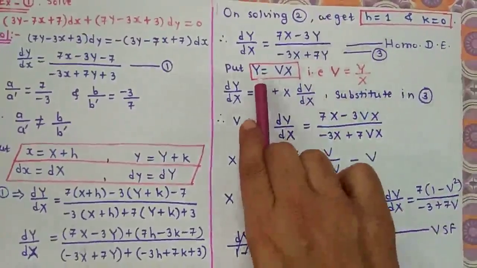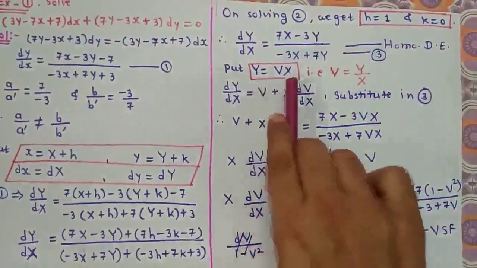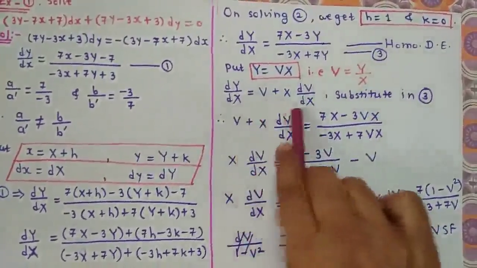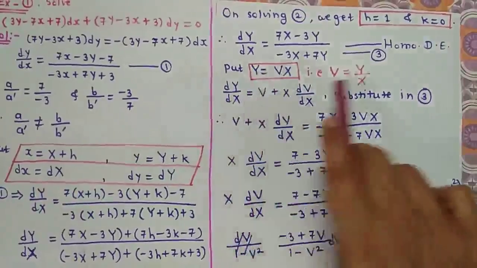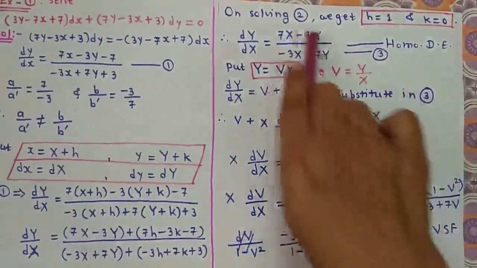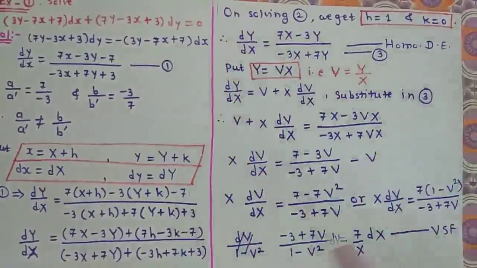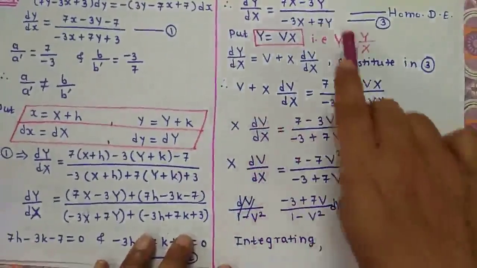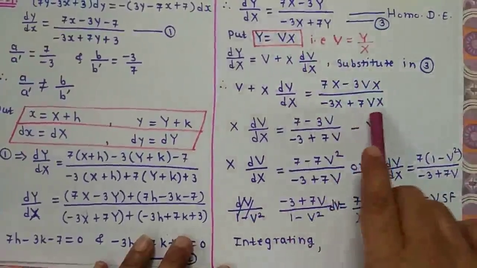So in a homogeneous differential equation, we replace y by vx, then dy by dx becomes this one. Now we substitute these values in our equation number 3, that means in this homogeneous differential equation. By putting these two values, our equation takes this form.